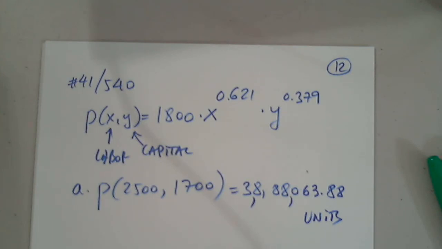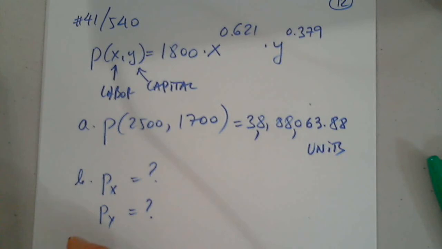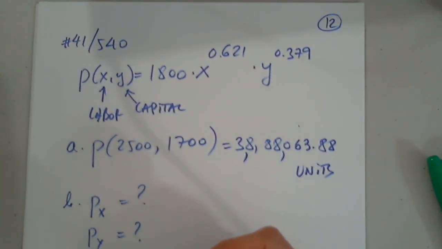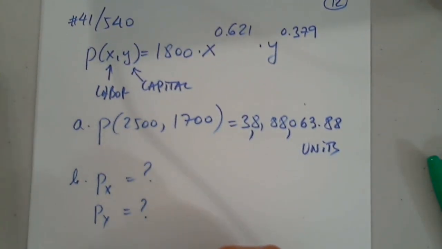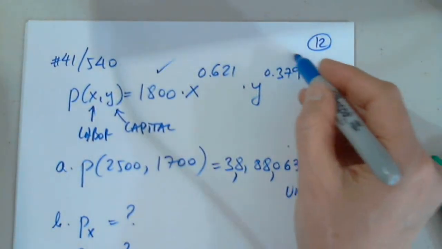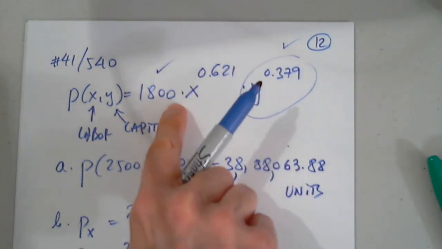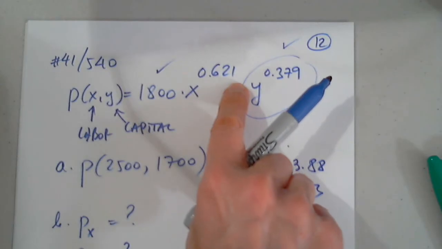Okay. Part B, find the marginal productivities. So they want Px and Py. Px means that we are differentiating with respect to X, and Y is a constant. So I'm only differentiating the X part, bringing 0.621 down and subtracting 1 from the power.